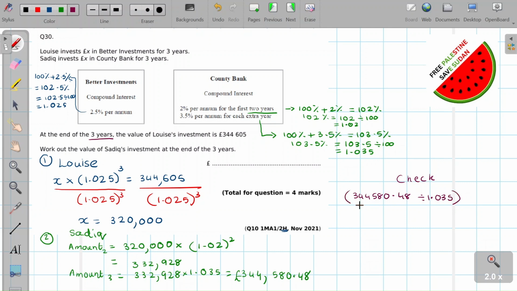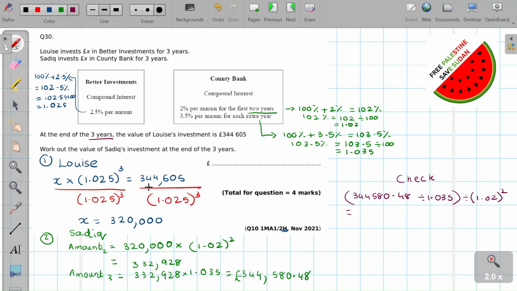Then I would divide it by 1.02 squared, and then that answer, yeah, let's find this answer first.